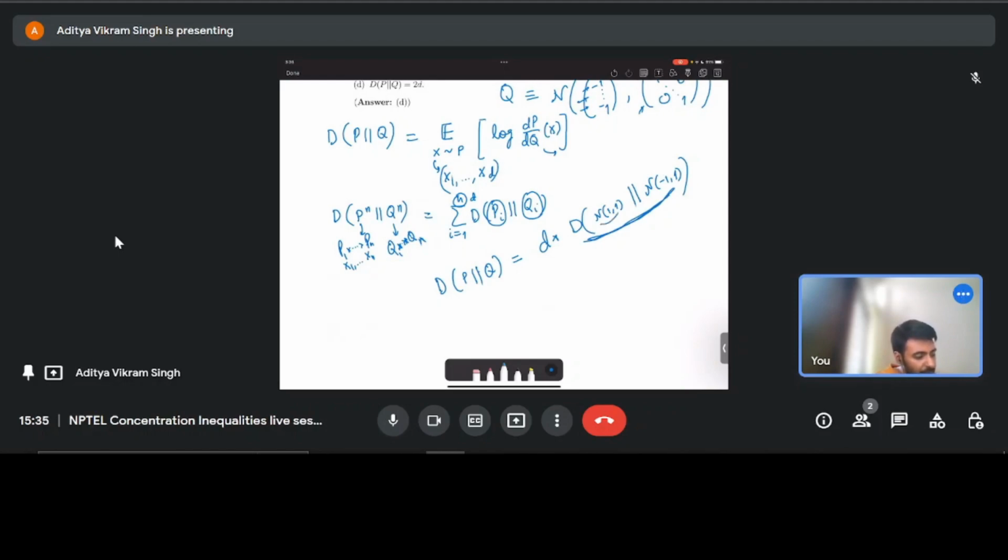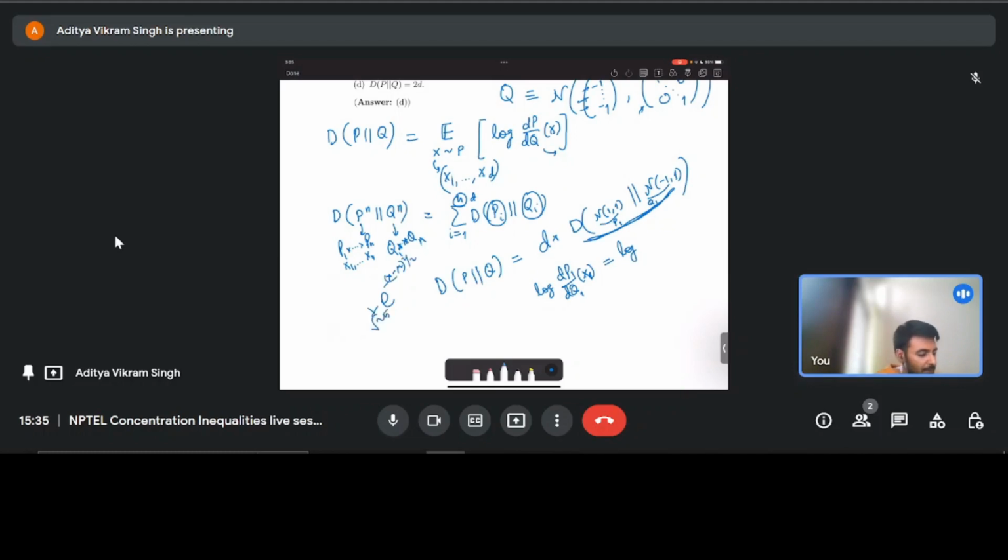So suppose I take this as P1 and take this as Q1. And log dP1 by dQ1 of x. I'll write x1 so that you know that this is a scalar valued random variable. So this would be log of, you know what that density is, right? We have e to the power minus (x minus mu) the whole square by 2, times 1 by root 2 pi.